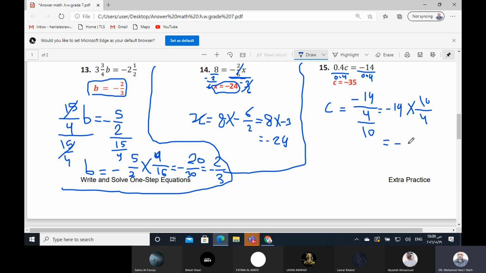So we have minus 14 times 10 will be 140, divided by 4. Now you can use long division. 140 divided by 4 will be 35.